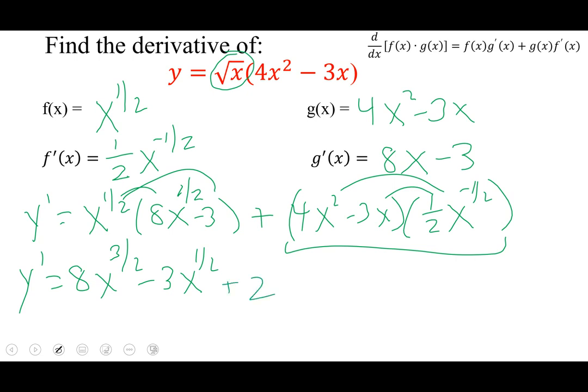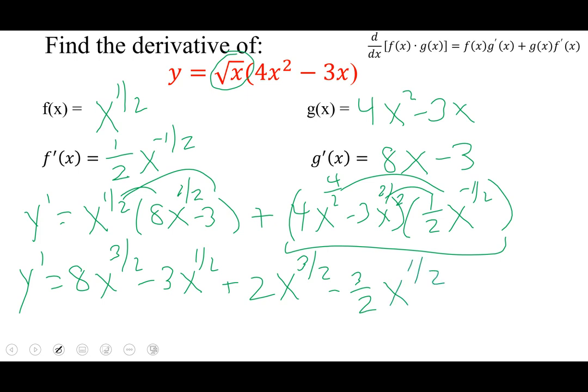And then if you were adding 2 to negative 1/2, that really means you're adding 4/2 to negative 1/2, which would give you x to the 3/2. And then if you multiply negative 3 times 1/2, that would give you negative 3/2. If you were adding the exponents, that's x to the first, which is really x to the 2/2, plus x to the negative 1/2 is x to the 1/2.